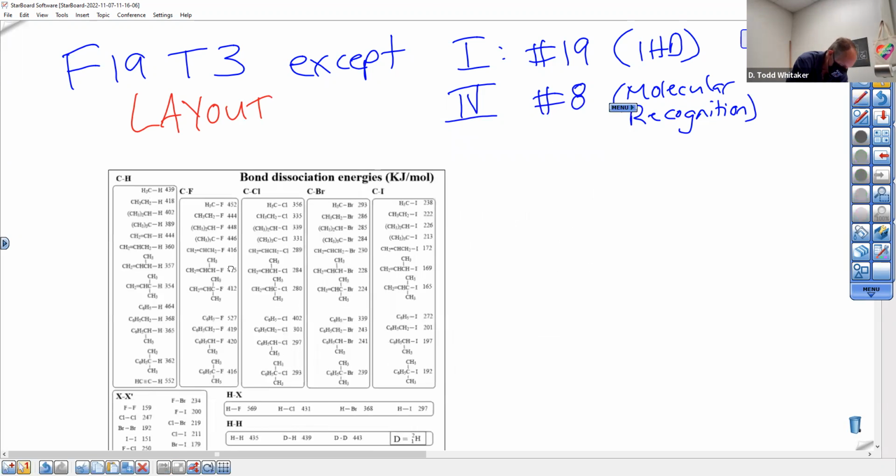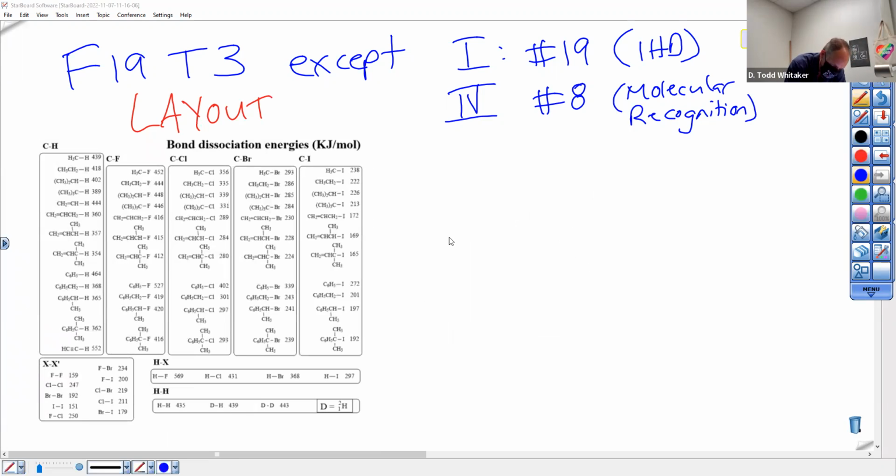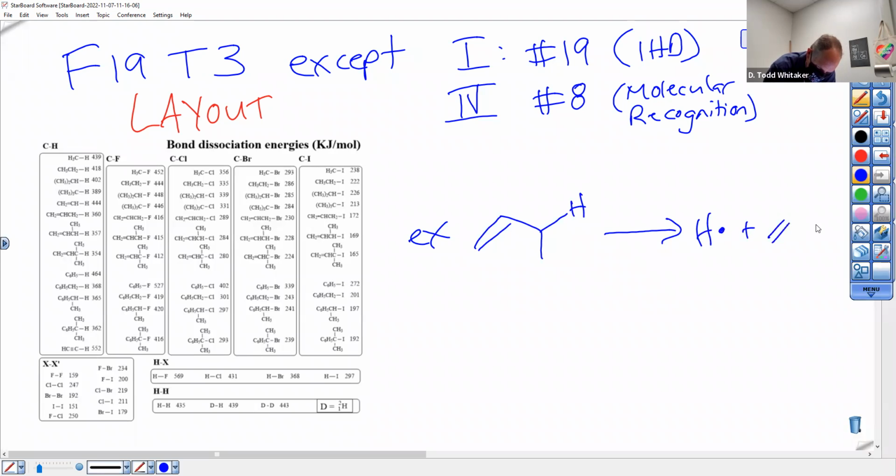And this is the BDE table. Example. That's the reaction, and the table is homolysis, a good name.